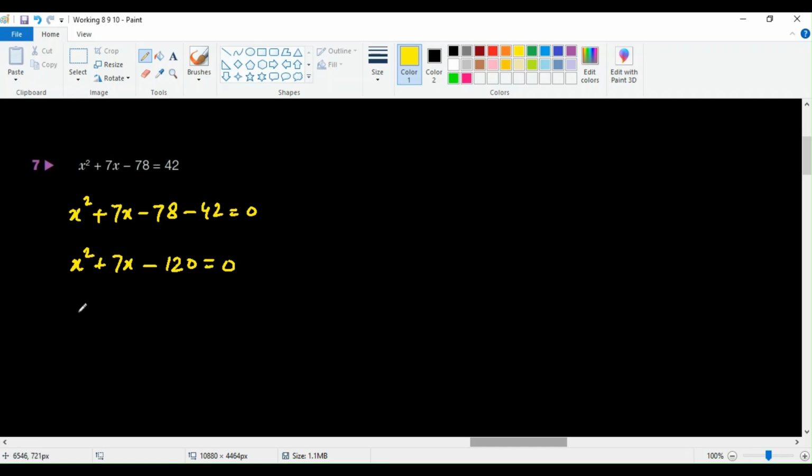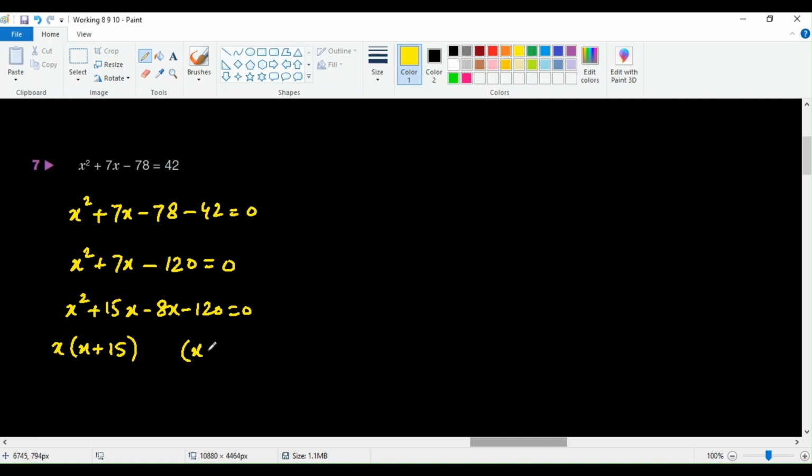And here we can say how to find out 120: 15 times 8, and 15 minus 8 is going to give plus 15x minus 8x, giving us a plus 7, minus 120 we write as it is, and x plus 15 is going to come in one bracket.